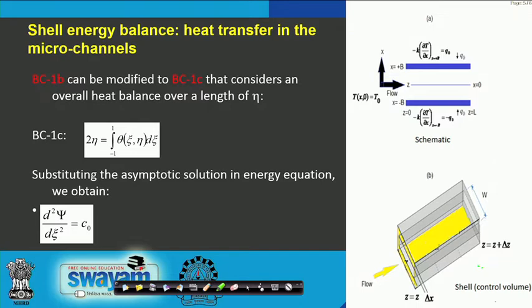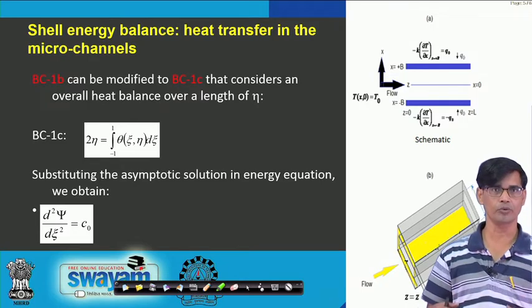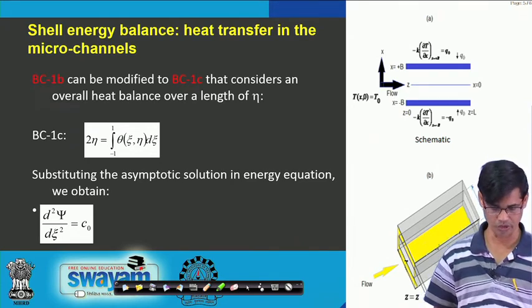So we consider the overall heat balance, for which we have to give another boundary condition which can be satisfied by that asymptotic solution.